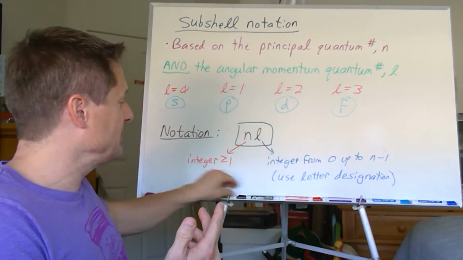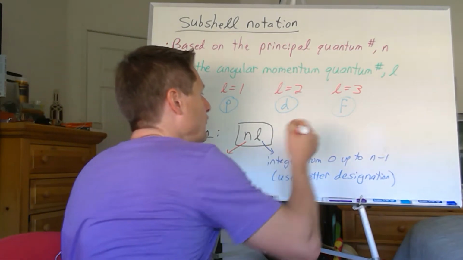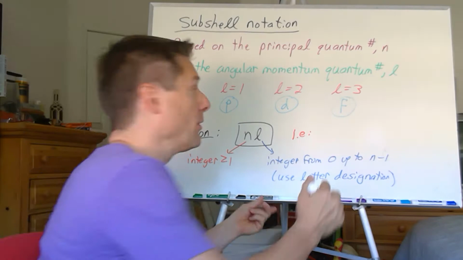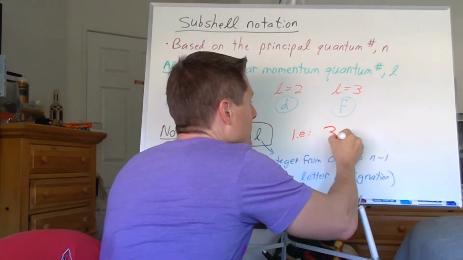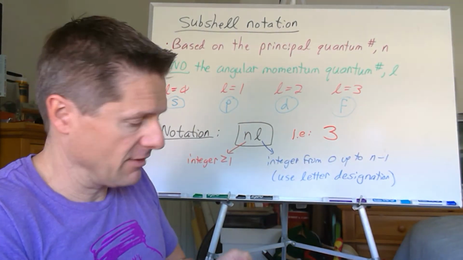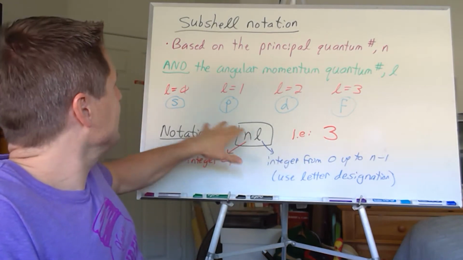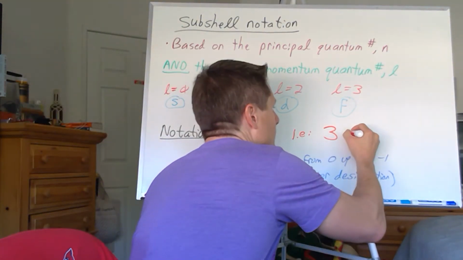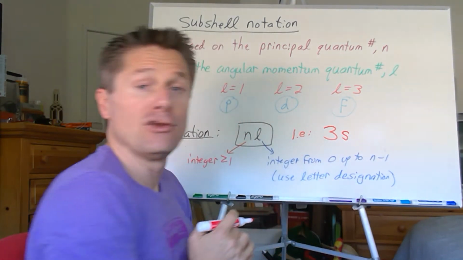So if we have a specific subshell, for example, let's say we were in the principal quantum number 3. So n would be 3. We just write a 3 there. And let's say it was L equals 0, the S subshell. And you can do 3S like that.